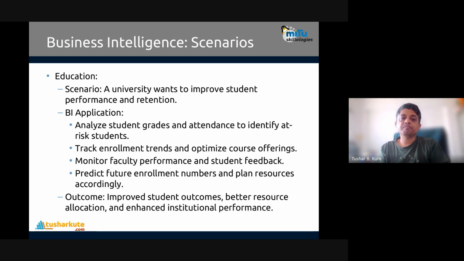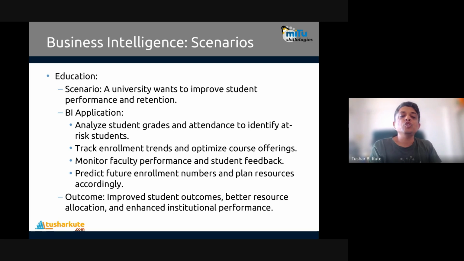Possible, correct? They can track these enrollment trends in this way. They can monitor faculty performance or student feedback. Whether the faculty teaching them is up to the mark, or if there is some problem present there, that can be checked. They can predict using the feedback also.